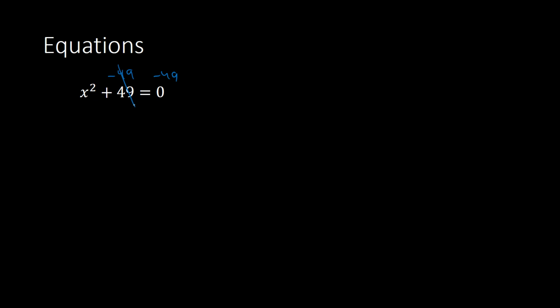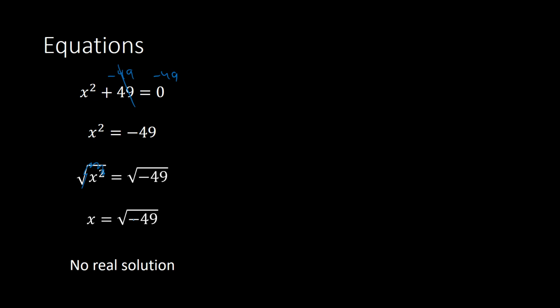When I do that, I have x squared equals negative 49, which allows me to get rid of the square by taking the square root of both sides. When I take the square root of x squared, this becomes an x, and the right side would be the square root of negative 49. But notice you have a square root of a negative number. At this point, we have just left it as the fact that this will be considered not real. So your solution at this point would be not real, or no real solution.